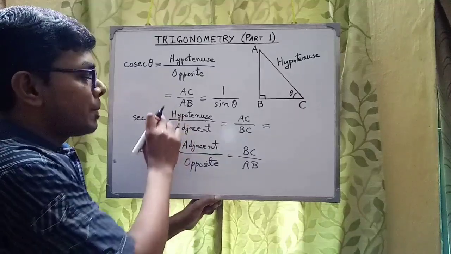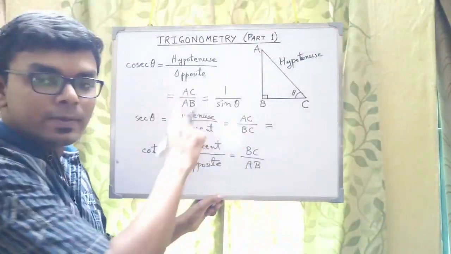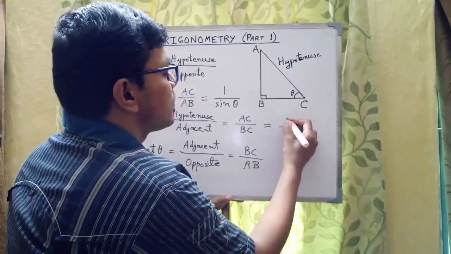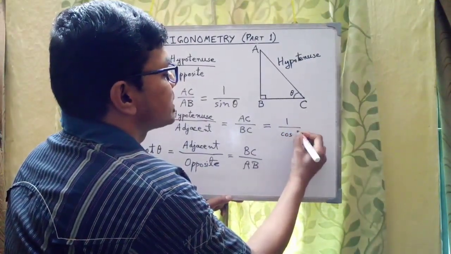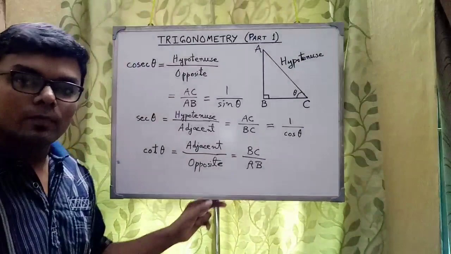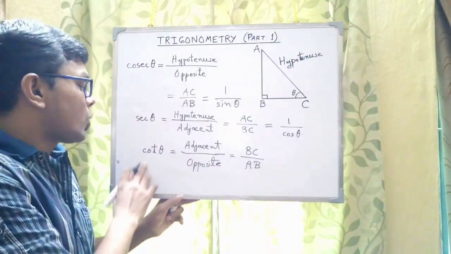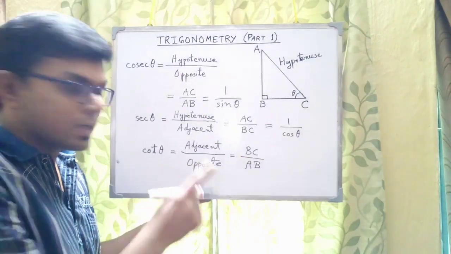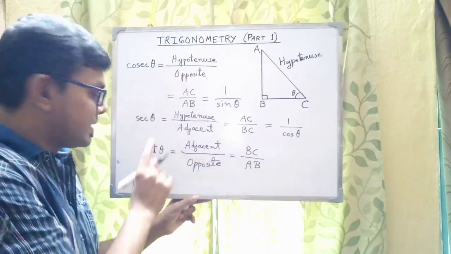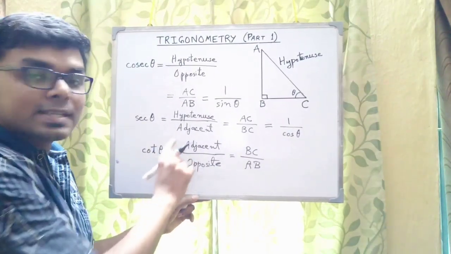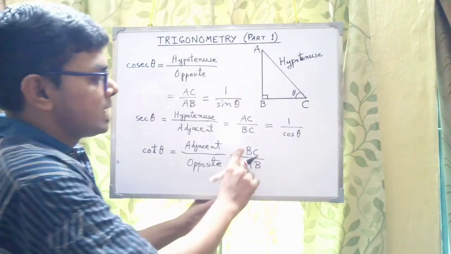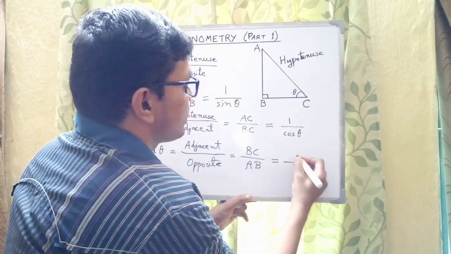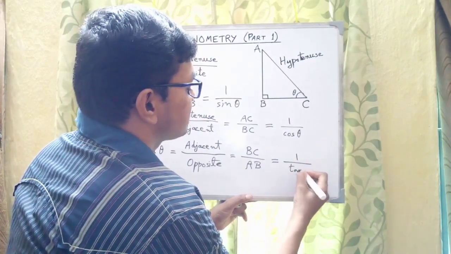Sec theta is hypotenuse by adjacent, so it is the reciprocal of cos theta. So we can write sec theta equals 1 by cos theta. Okay, and cot theta is adjacent by opposite. Now tan theta was opposite by adjacent, so cot theta is BC by AB. So that can be written as 1 by tan theta.